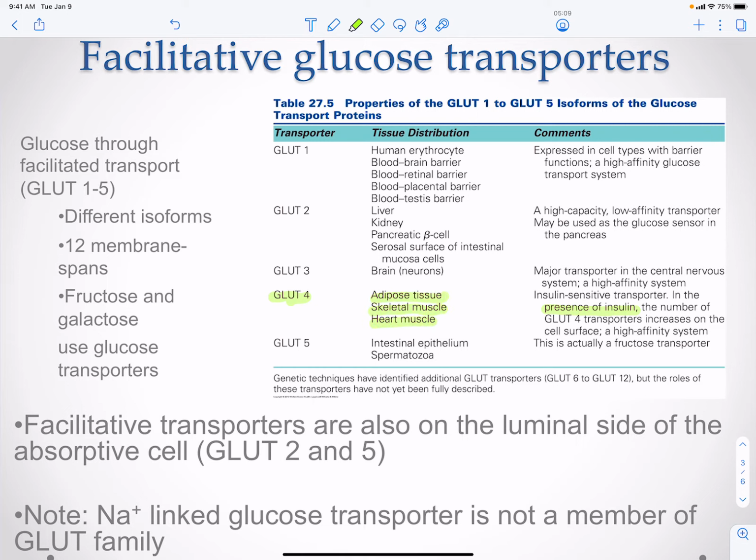Now, most of the other glucose receptors are going to be constitutive. So GLUT4 is not going to be expressed unless there's insulin. GLUT1 is always going to be expressed because it's on a red blood cell as well as in the blood-brain barrier and in your brain. And so this is always going to be on.